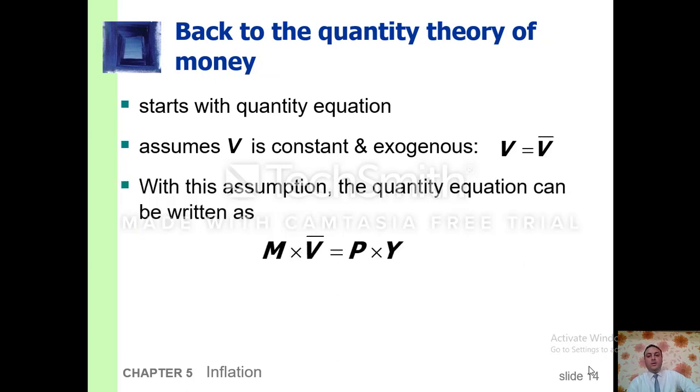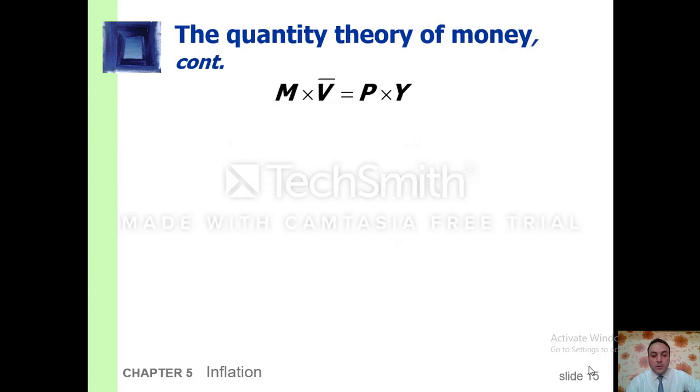So let's go back to the quantity theory of money. It starts with the quantity equation, assuming that V, velocity, is constant and exogenous. With this assumption, the quantity equation can be written as this: M, the money supply, divided by the constant velocity, equals the price multiplied by the output, the quantity of output.